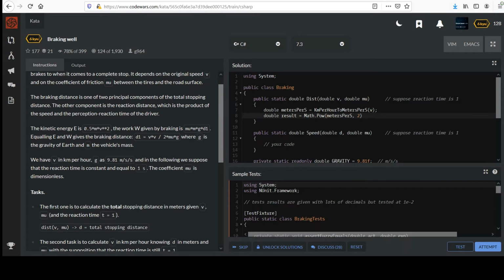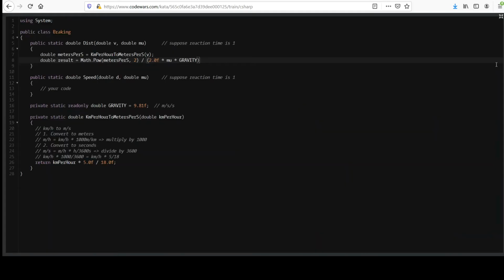So we've got that speed squared. And then it said to divide that by this quantity, 2 times mu, which they gave us right there, and then g, which represented gravity when we set up our constant for that. So maybe it'll help if I expand that, see gravity.